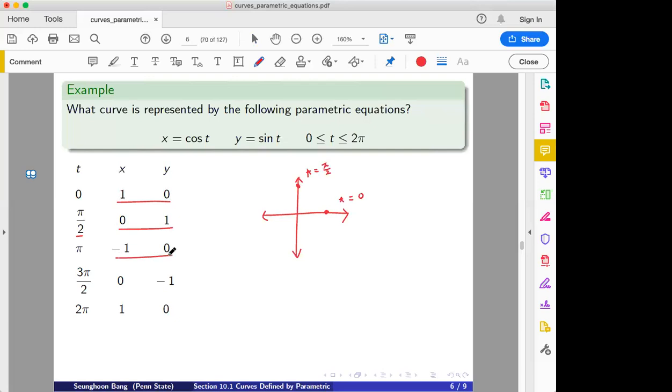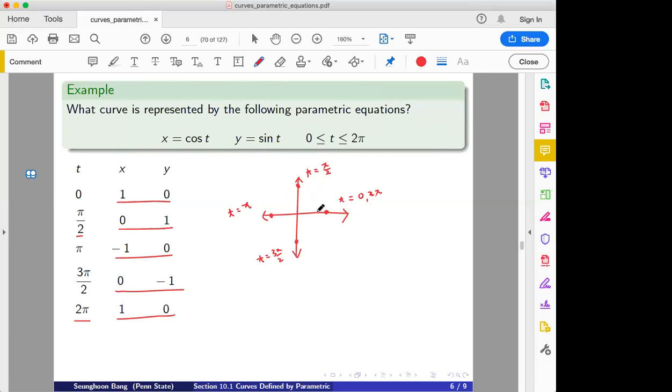Here, minus 1, 0, t equals pi. Then 0, minus 1, t equals 3 pi over 2. And 2 pi gives 1, 0 again. So this is the direction: 0, pi over 2, pi, 3 pi over 2, 2 pi.